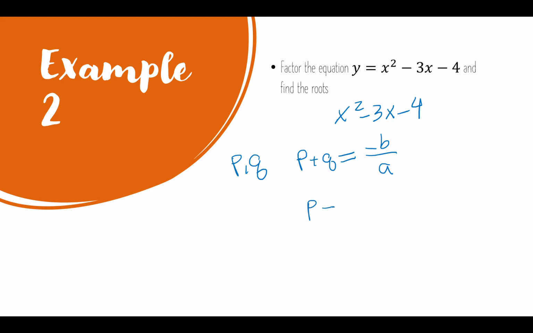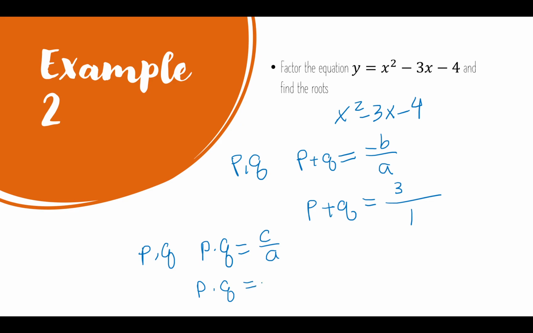So therefore, I'll get p plus q is equal to 3 over my a value, which is 1. Also given by the Vieta theorem, with roots p and q, I know that p times q is equal to my c value over a. In this case, my c value is -4, and my a value is 1. So therefore, p times q is equal to -4.